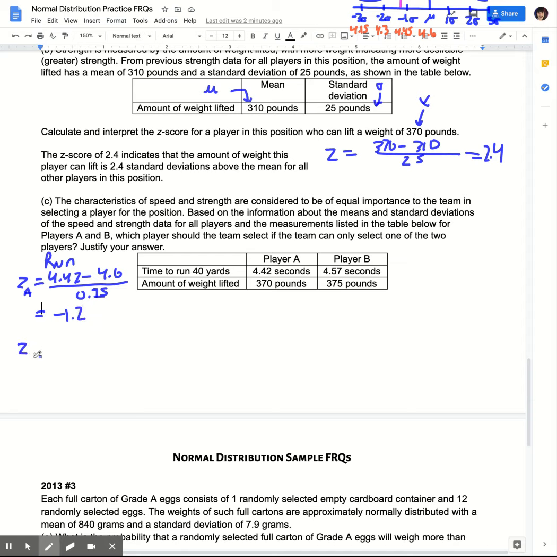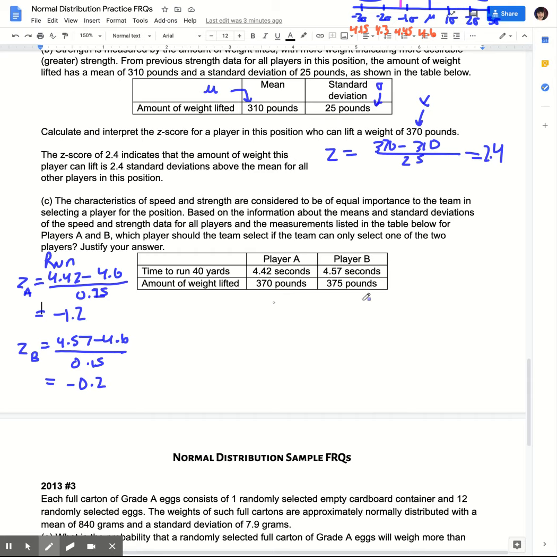The z-score for player B for running is 4.57 minus 4.6 over 0.15, and that number is negative 0.2.